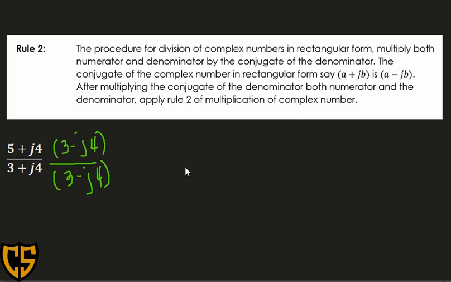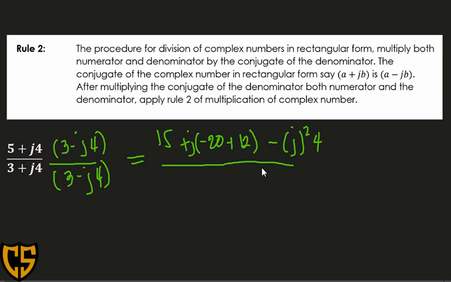Using the FOIL method, we have 3 times 5, which is 15. Next, we have negative 20j. Then 3 times 4 is 12j. Then negative times negative gives negative j squared 4, all over.